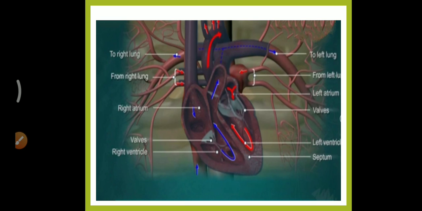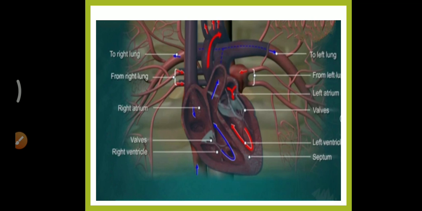In this slide, what you have seen here is how blood flows through the heart. The blue color in this picture is the deoxygenated blood, and the red color arrows are the oxygenated blood.